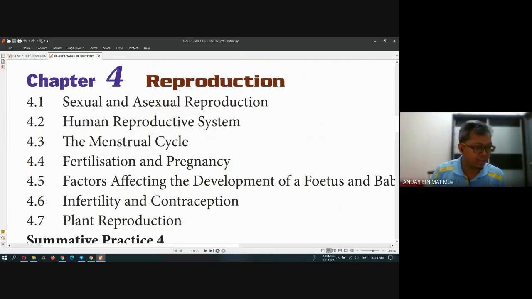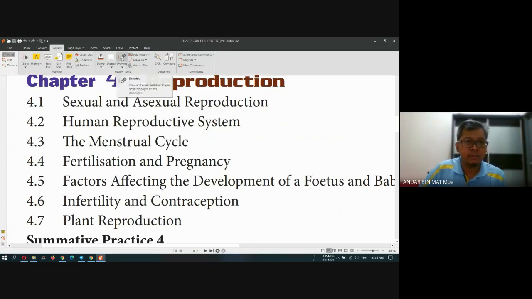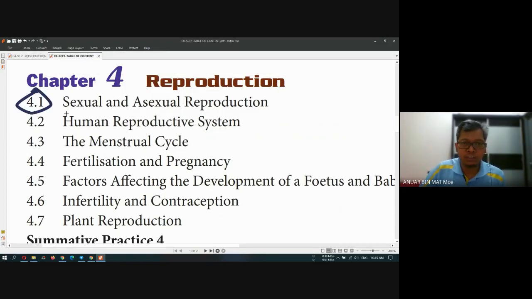Make sure you understand that. 4.1 is just the introduction of reproduction in general. You learn about sexual reproduction and asexual reproduction in living organisms. If I say living organism, that includes us humans, animals, and plants, including microorganisms.